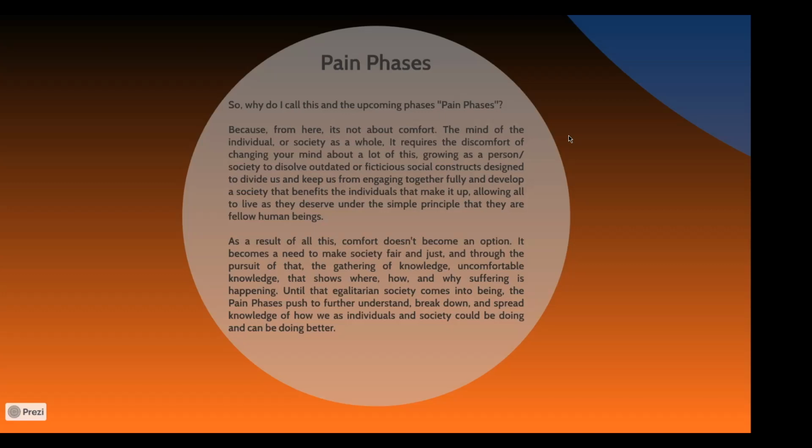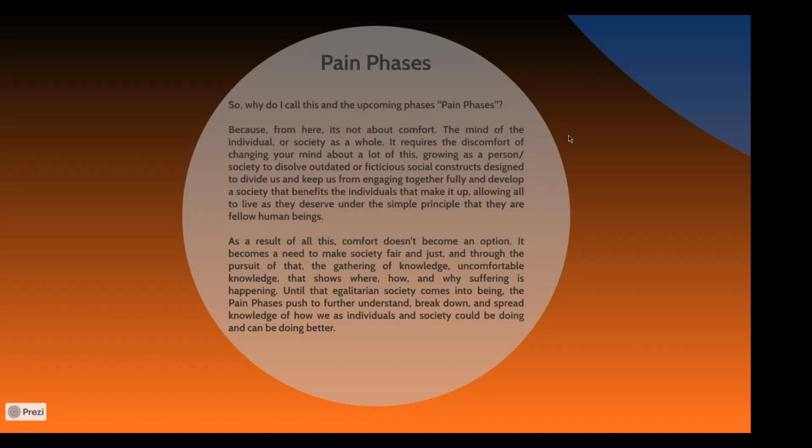Very long sentence there, I know. But essentially, we all know society is not as it should be. We know that the system is broken. I don't think anybody is going to say, "Yeah, this system's awesome. I love working a 9 to 5 job 5 days a week and still struggling to make ends meet." Who wants that, right?